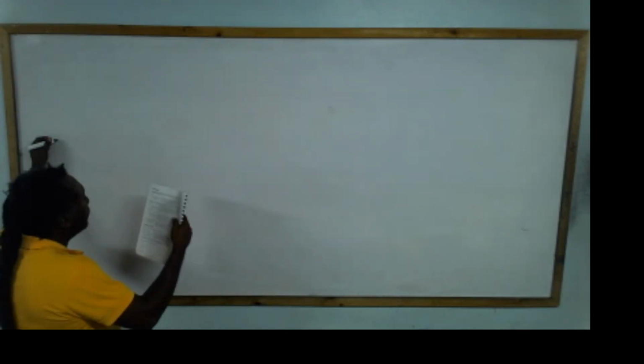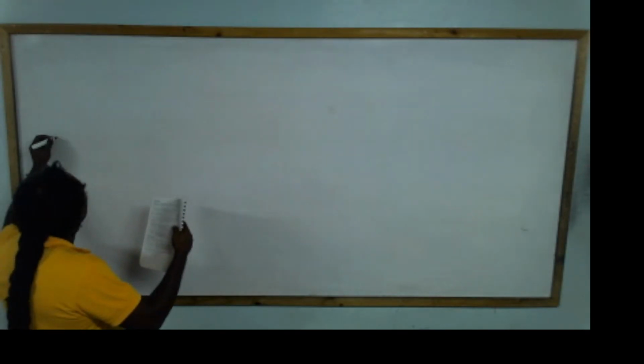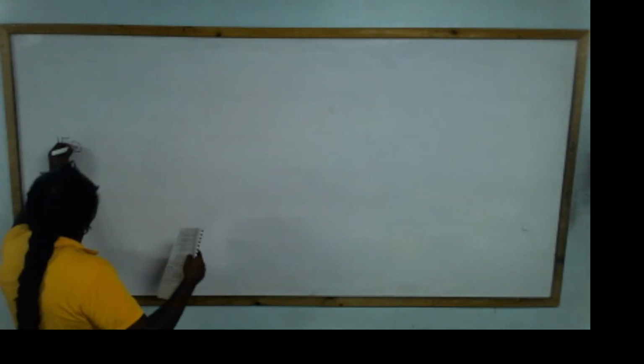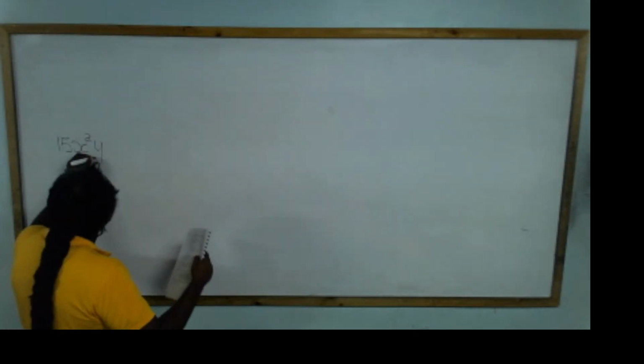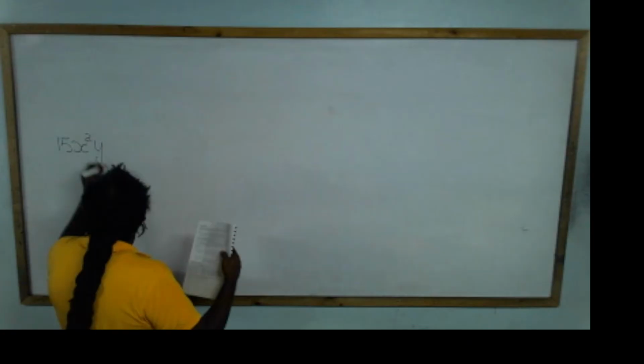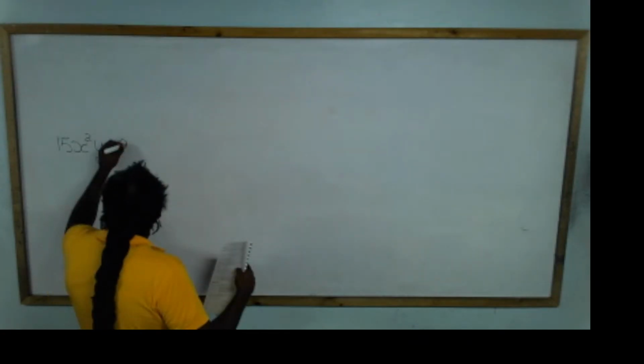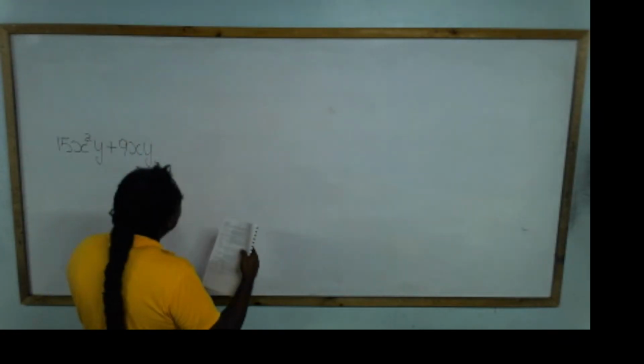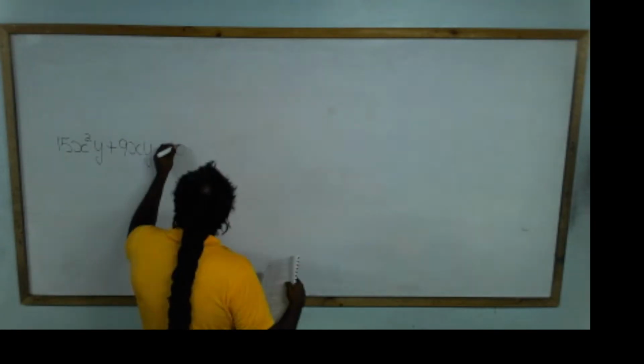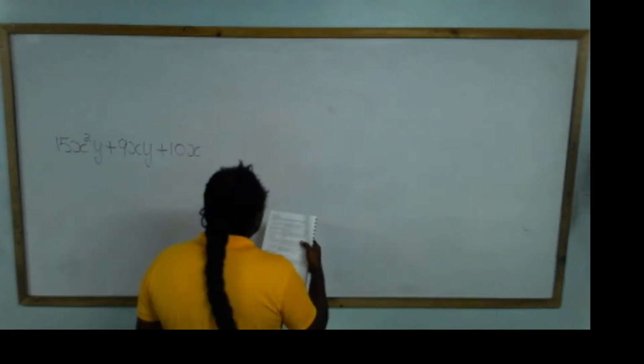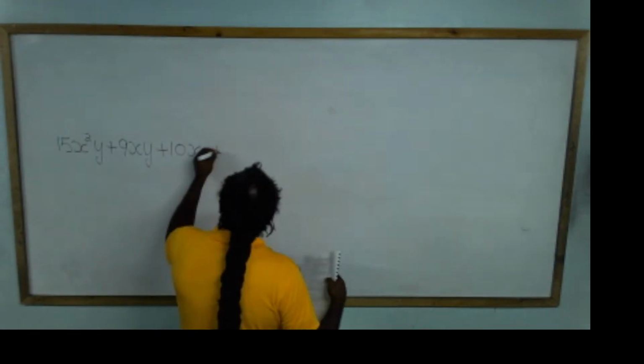So I'm going to put it right here: 15x squared y plus 9xy plus 10x plus 6.